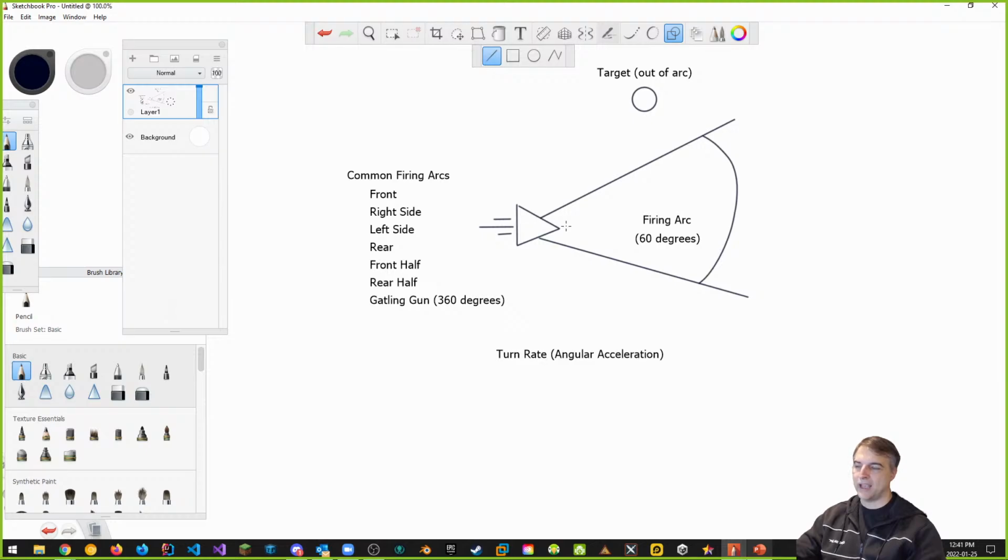I can't just turn this way. I'm going to have some kind of turn rate, a maximum angular acceleration. But every frame, I'm going to keep stepping forward in the direction that I'm currently facing.